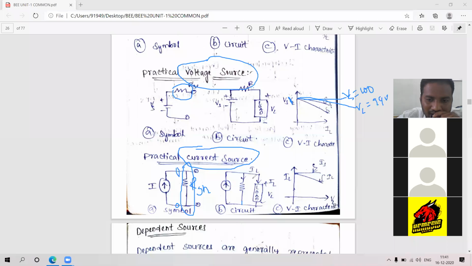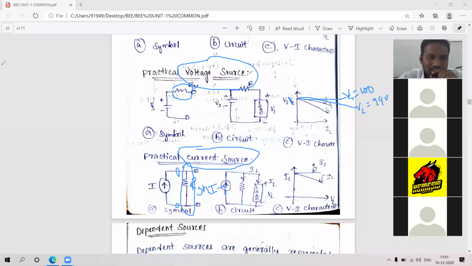What about the circuit? Now I am taking the circuit here. I have connected one load here. Because of the load, there will be current flowing in the load branch and in the shunt branch. Suppose I current is flowing. I will redraw it again.